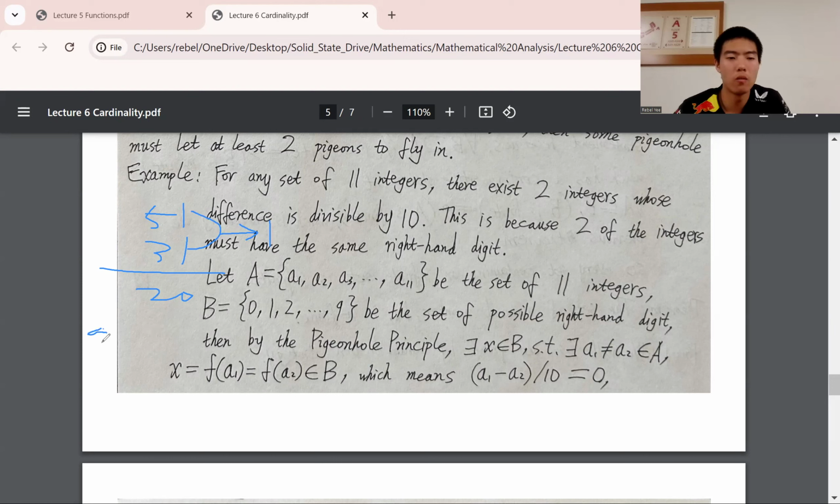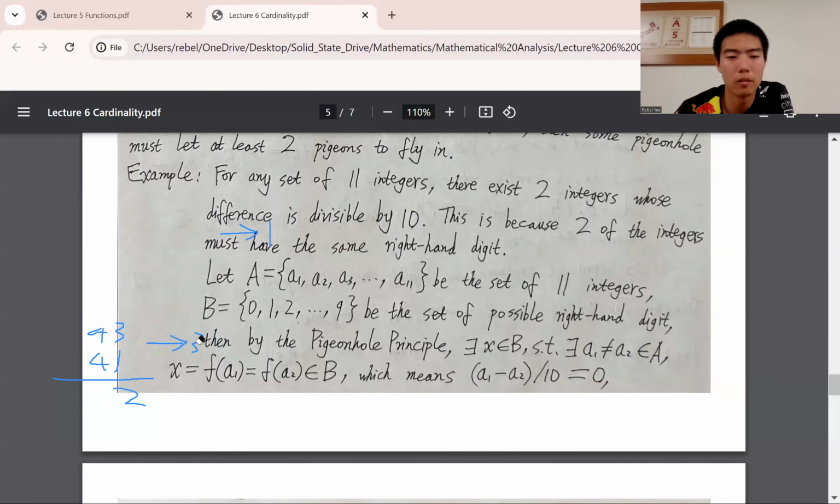What about 43 and 41? Their difference is 2, which is not divisible because their right-hand digits are not the same, 3 and 1. So if their right-hand digits are the same, then their difference is divisible by 10.